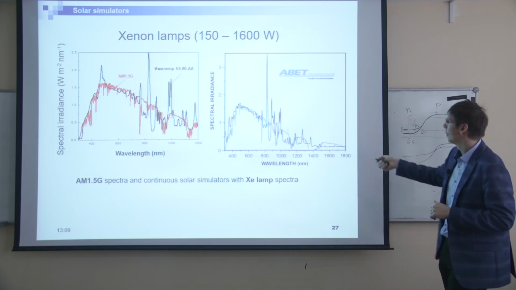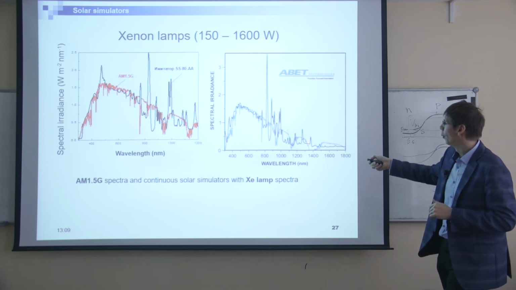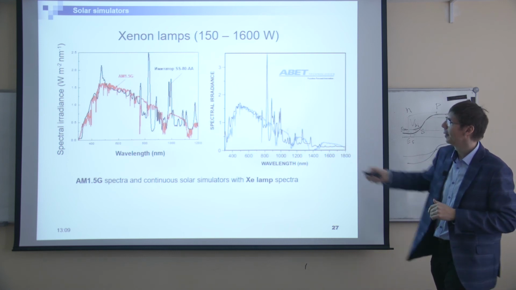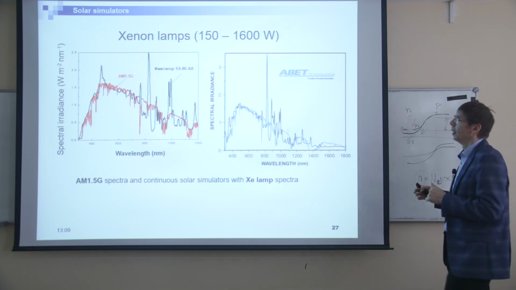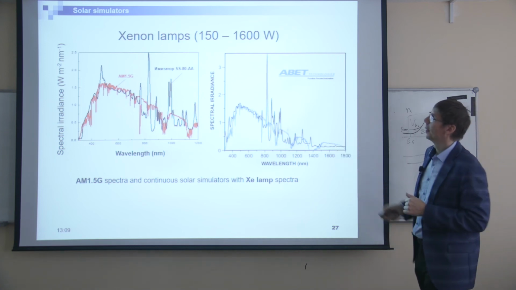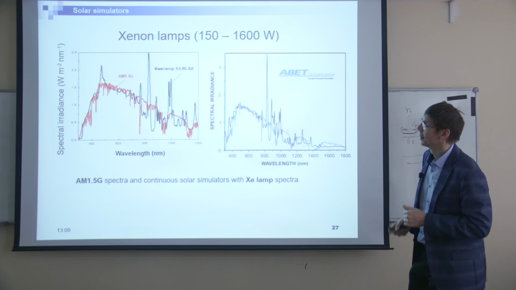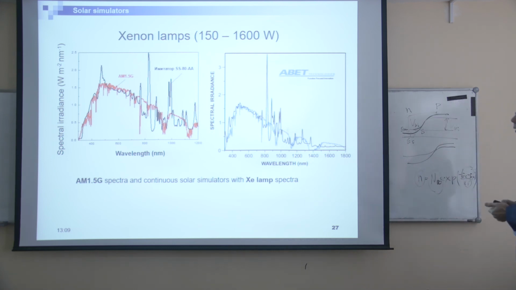Sorry, the blue line here and red line here, it's the standard spectrum, AM 1.5G, it's indicated here, and the black line is a different solar simulator.